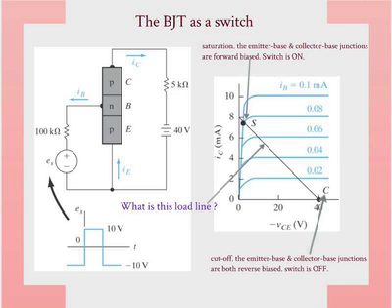Now let's talk about how you get the other point. One point's not enough to draw the line, so you need to find the other point. I told you the other point is when both the junctions are forward biased. When the junctions are forward biased, what happens? Current flows. What is the voltage drop across each junction? Very small.